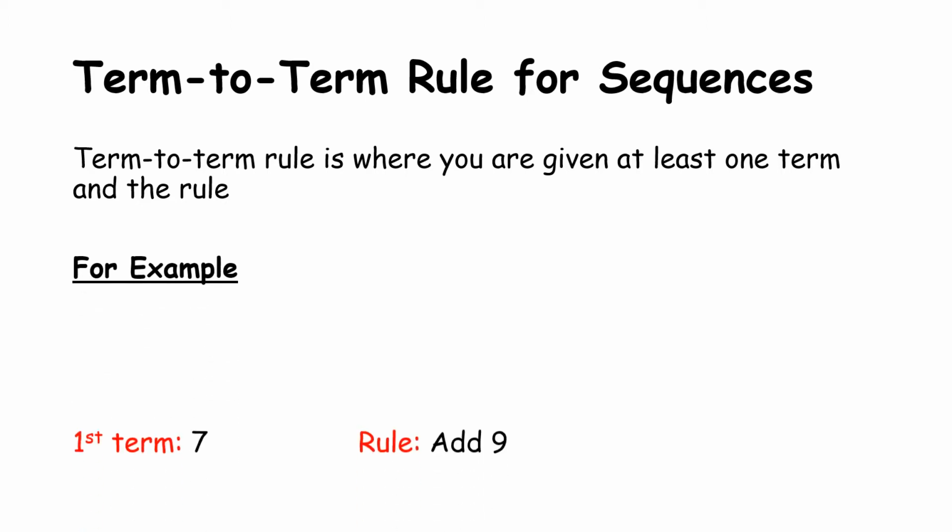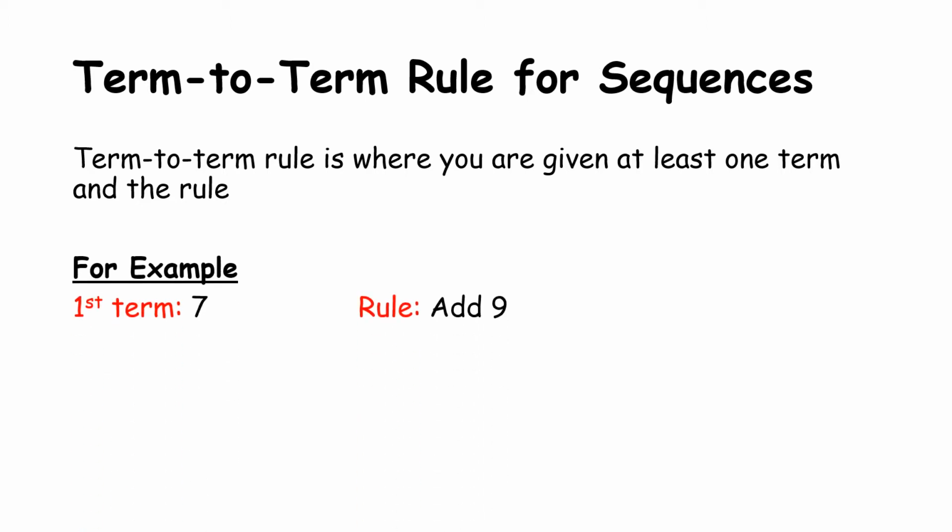So let's take an example. The first term is 7 and my rule is add 9. So if I wanted to put together, I would talk about T1 is 7 and I want to work out, let's say, 5 more terms, so we'll go up to term 6. They've given me the rule and they've said we add 9.